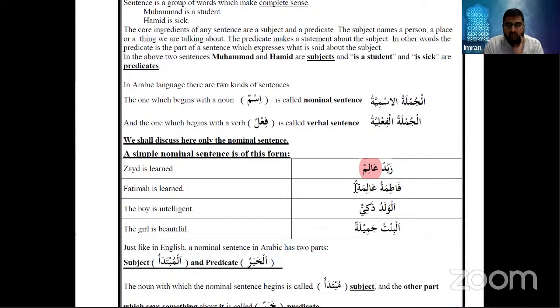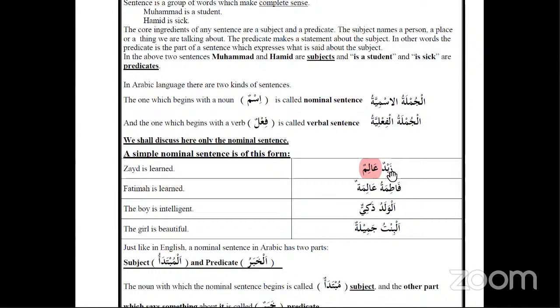This dhamma tanween is the actual tanween which makes a relationship between the two words. Fatima is knowledgeable, because if you see the word Fatima and alima alone, it makes no meaning. Fatima, knowledgeable. To create that relationship between two nouns, alimatun is getting a dhamma tanween because there is a relationship with Fatima.